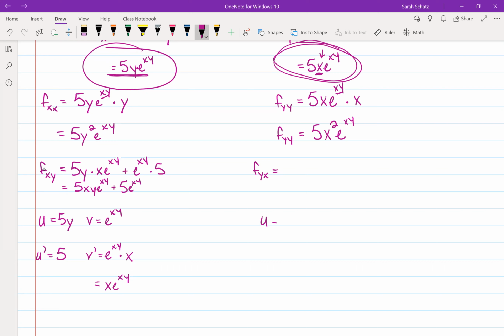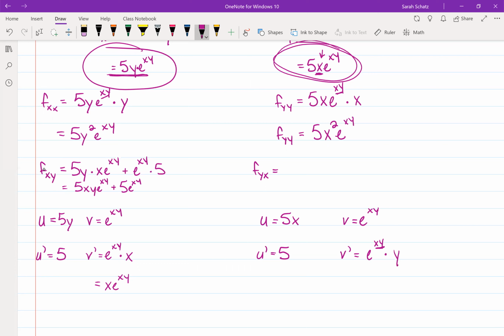So let's say u is 5x. du would be 5. Remember, I'm with respect to x this time. v is the e to the xy. And dv, this time with respect to x, it's e to the xy times y.